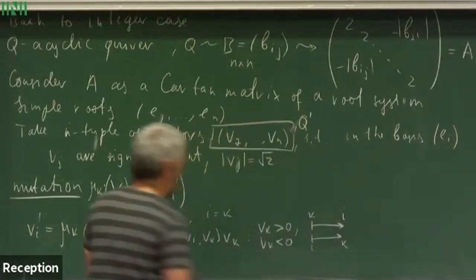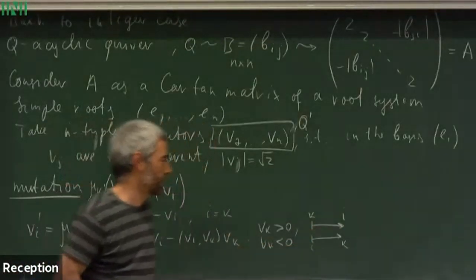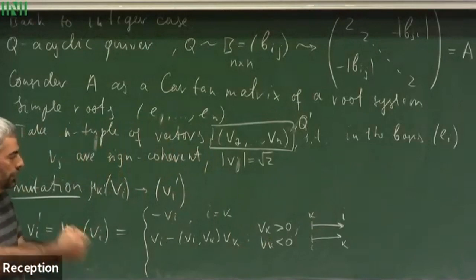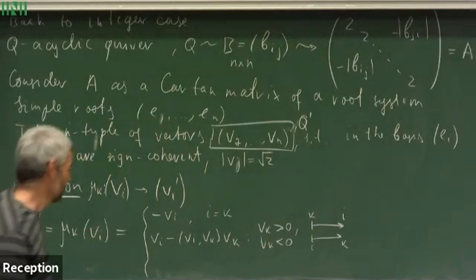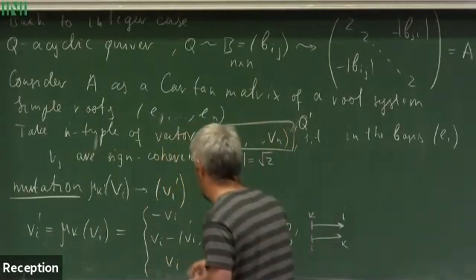So if Vk is positive, we reflect all the heads of arrows from k. If Vk is negative, we reflect all the tails. The vector stays intact otherwise.